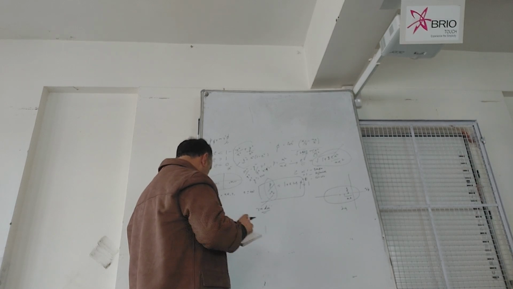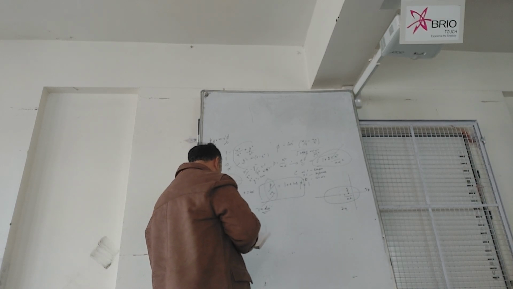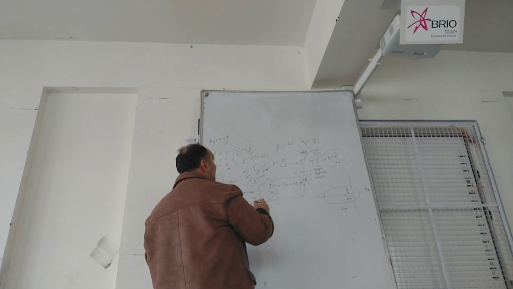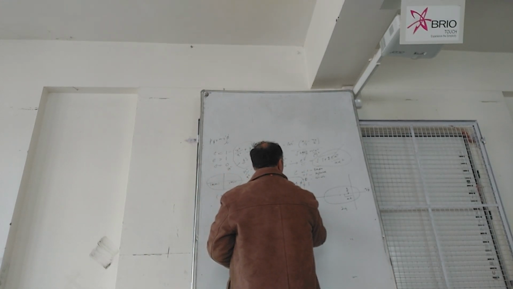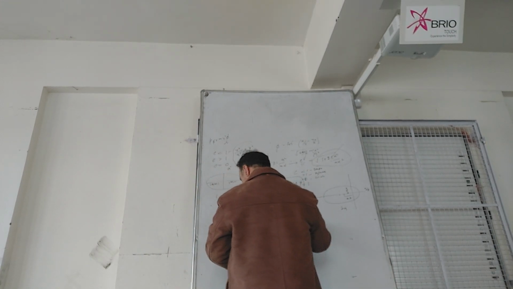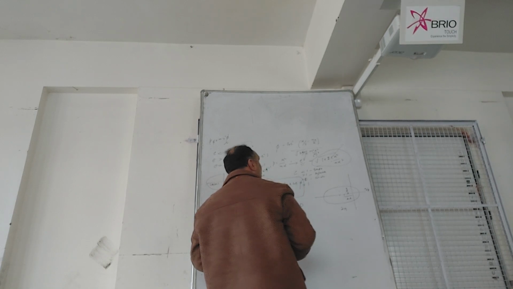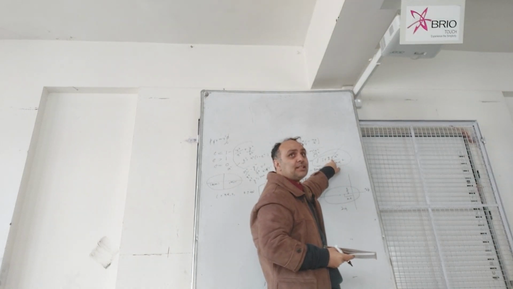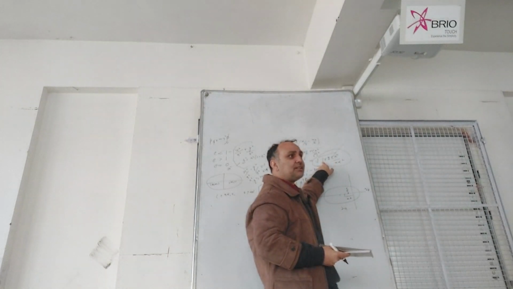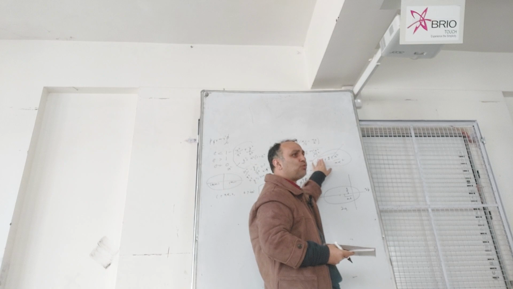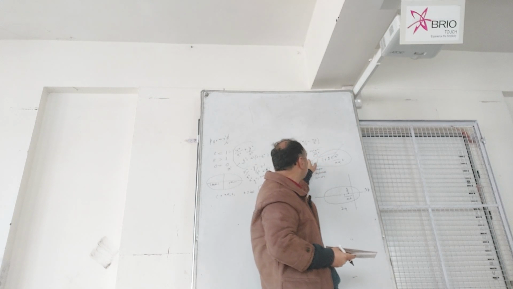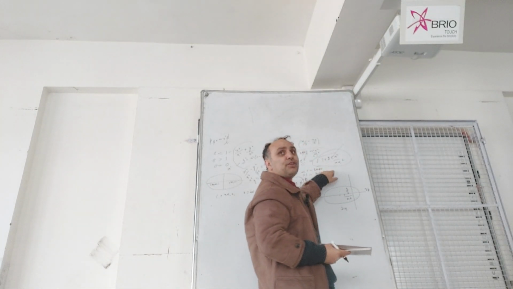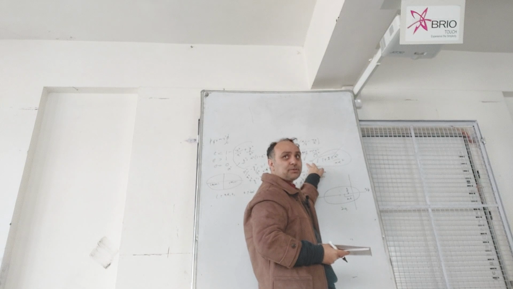So for e less than 1, so it will be 1 minus something, so anything which is less than 1, the figure will correspond to the ellipse.